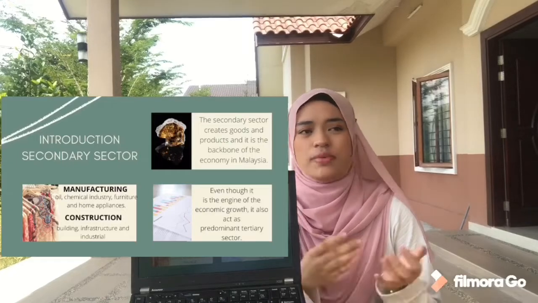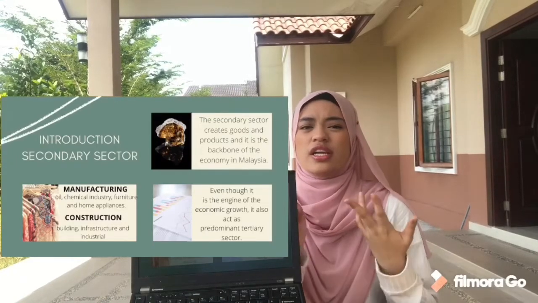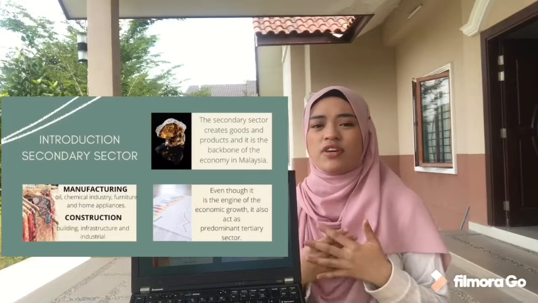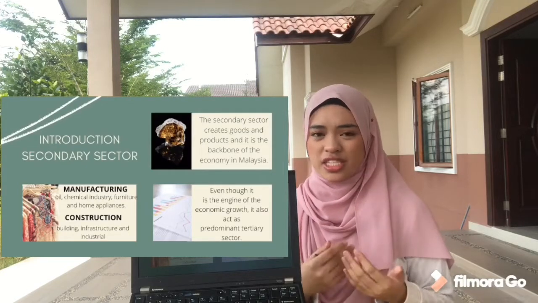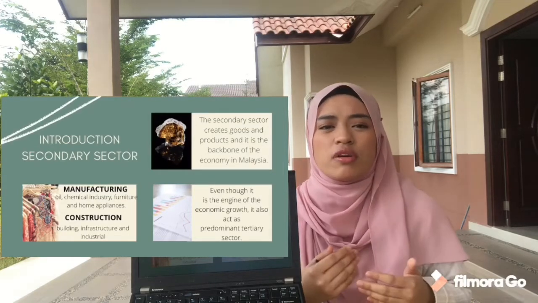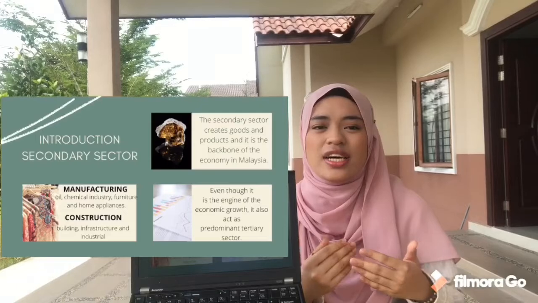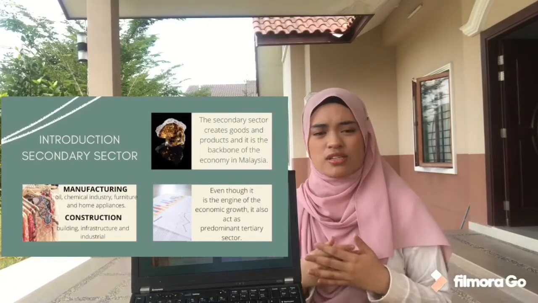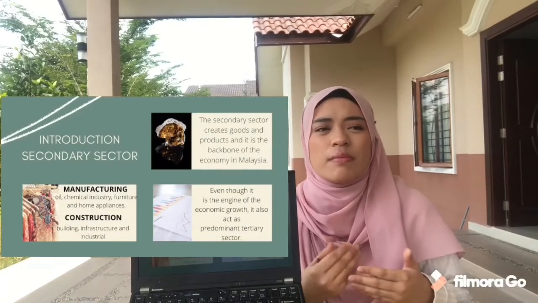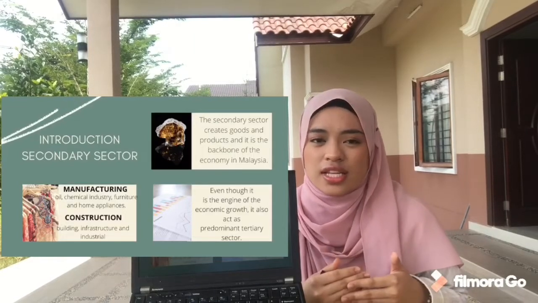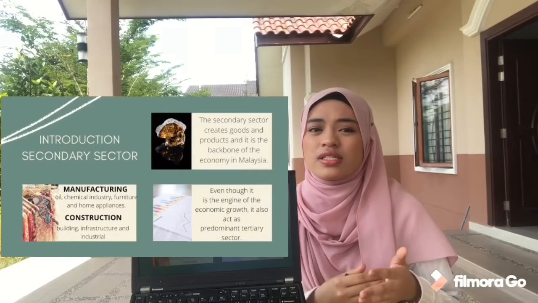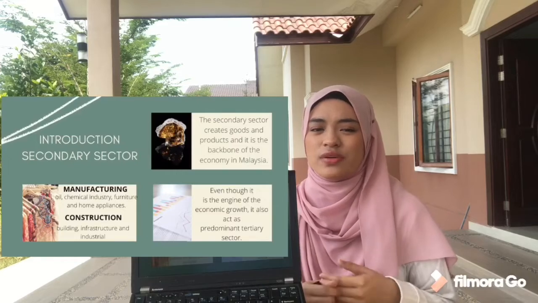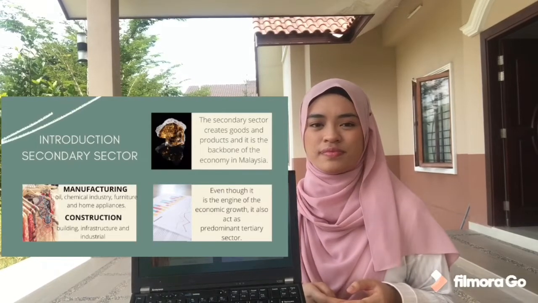For construction: buildings, infrastructure, and industry factories. Other than that, the manufacturing sector is the engine of economic growth, which has a higher elasticity of demand, and it also acts as a predominant of the tertiary sector, as its products are used in the tertiary sector.